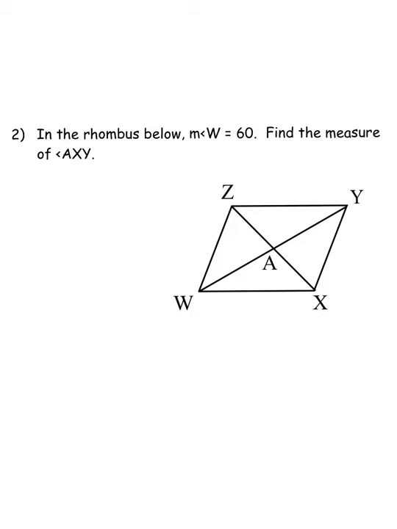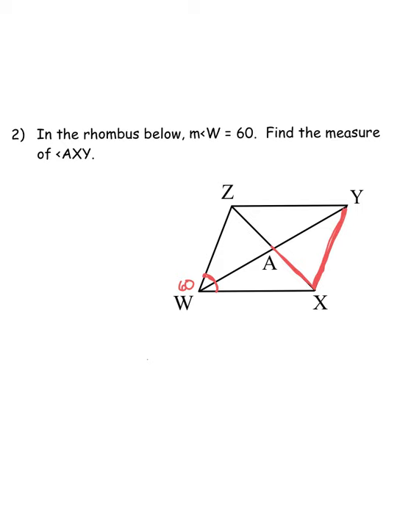Number 2 says in the rhombus below, the measure of angle W is 60. So that means this entire angle here is 60 degrees. It says find the measure of AXY. So A to X to Y. There's a couple of different options to do this.